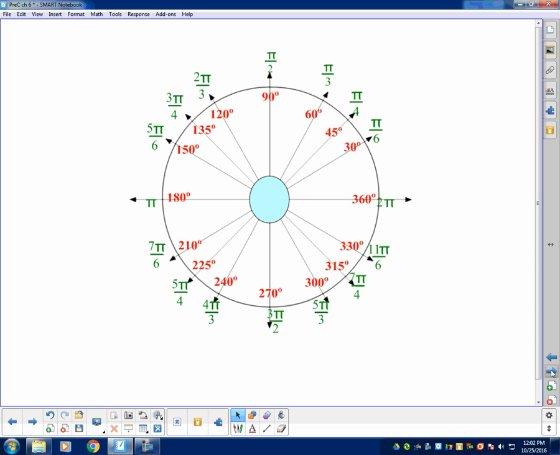As I move up here, 30 degrees corresponds to pi over 6. If you were to do the conversion, multiplying by pi over 180, you get pi over 6, or vice versa. So pi over 6, pi over 4 is the 45, pi over 3 is the 60, pi over 2 is the 90. And then as you go around, the thirds are always high on the circle or low on the circle.